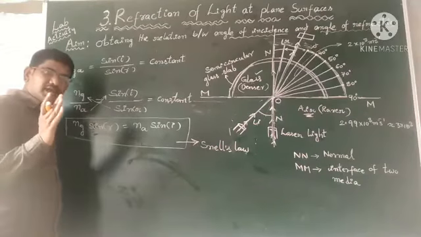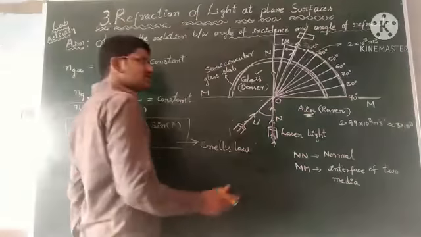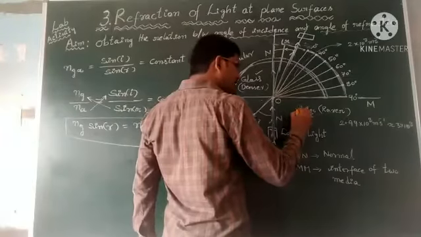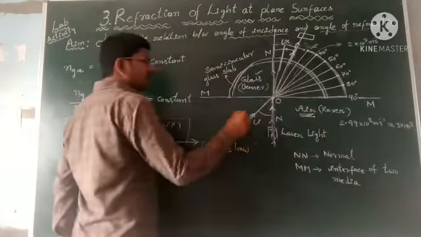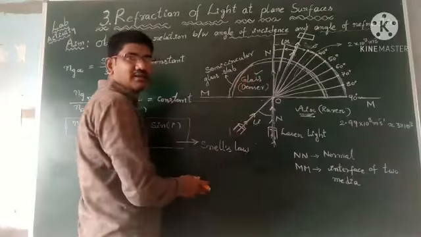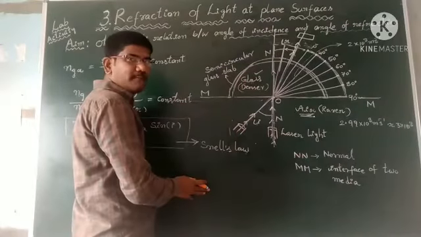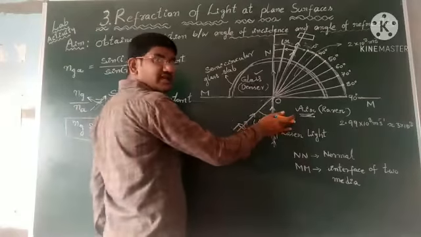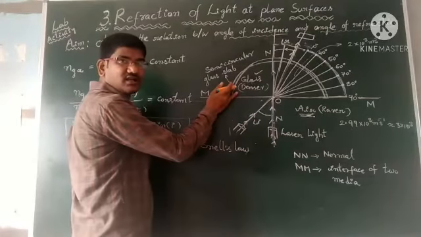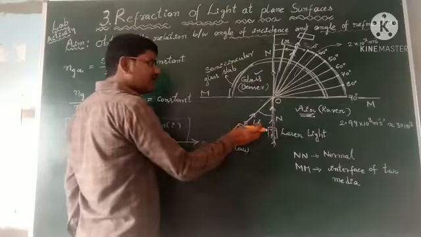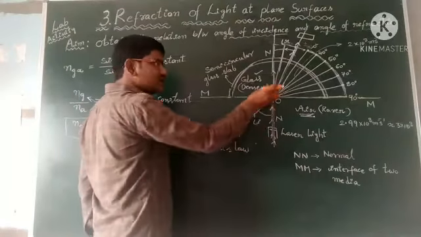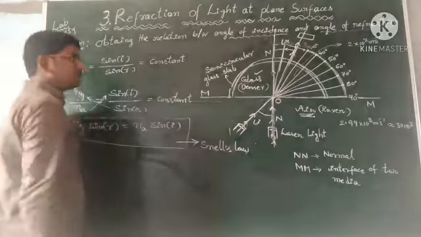For a given pair of media, what are the mediums here? One medium is air and another medium I am taking is glass. We are observing that for every angle of incidence, we will get one angle of refraction.